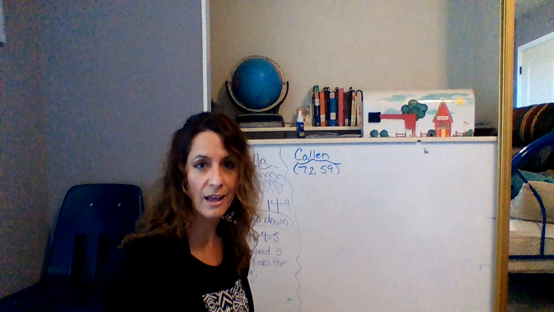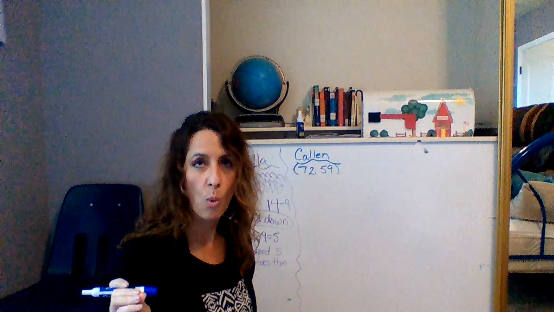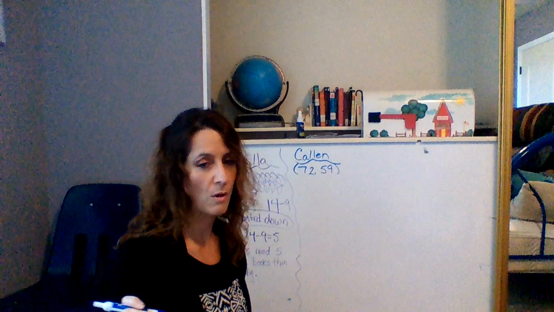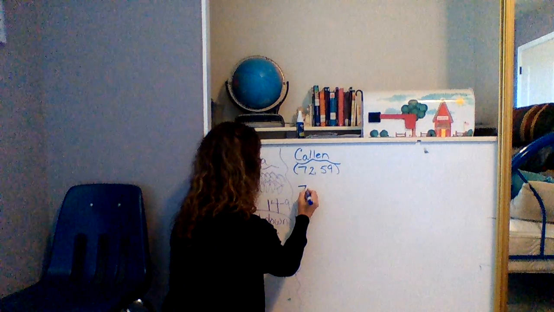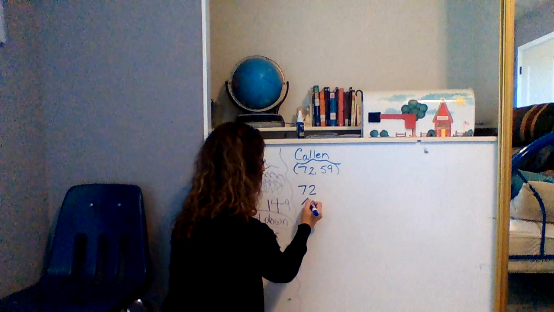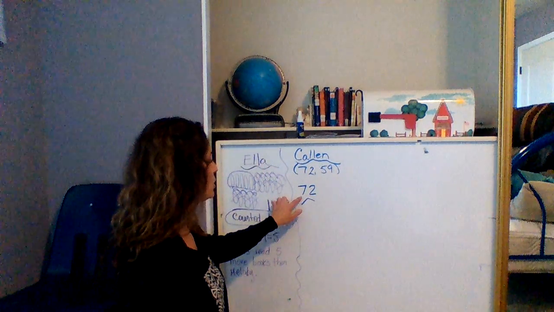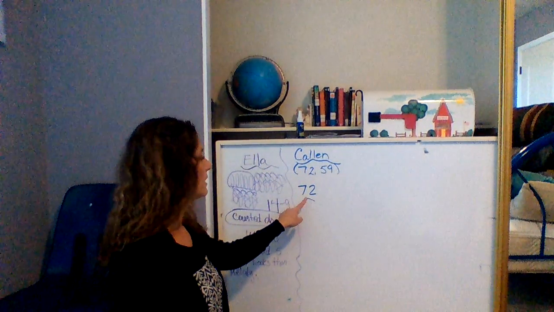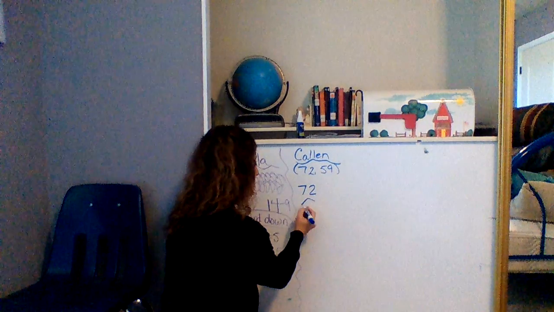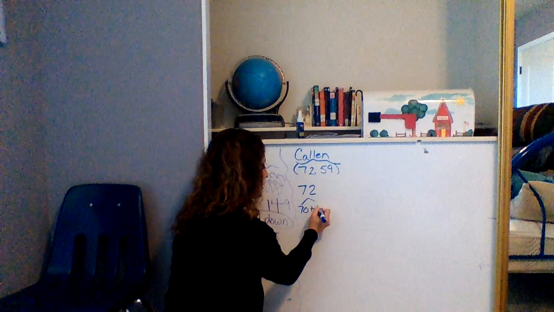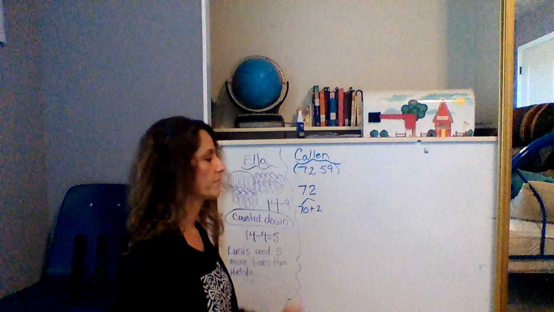All right, I hope you're thinking. I want you to guess what kind of strategy he's using as I'm writing along. All right, 72. I'm going to break this into expanded form. Remember, expanded form is just pulling out its original form. 7 really means 70, and 2 really means 2.